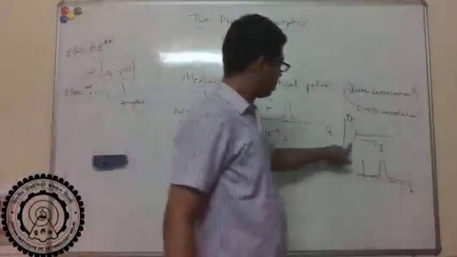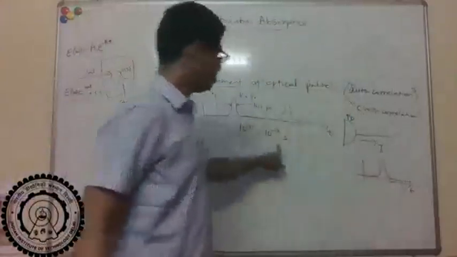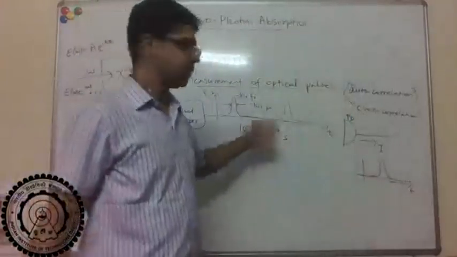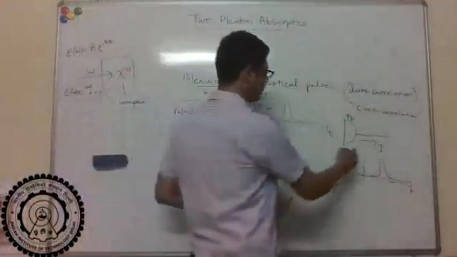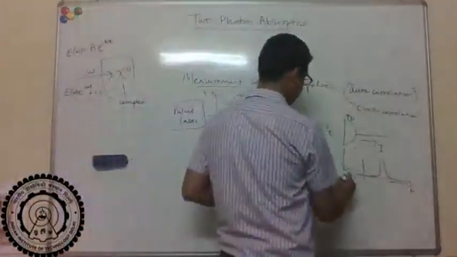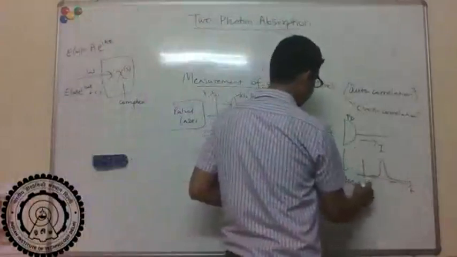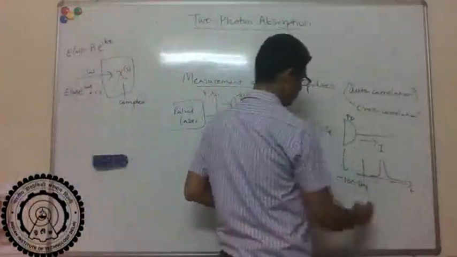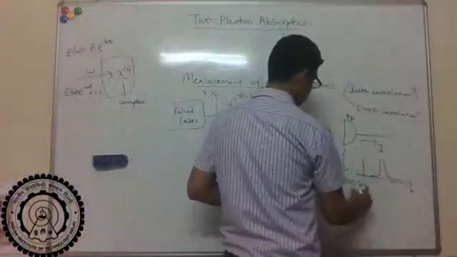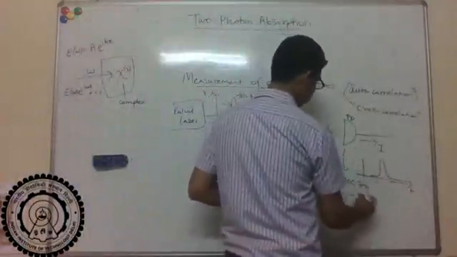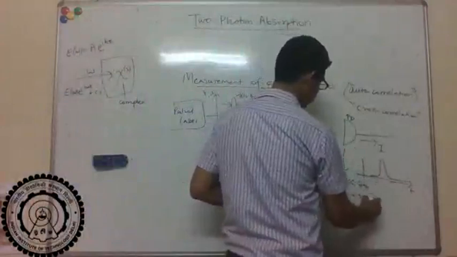But for that, your photodetector needs to respond at these time scales, which is not possible. The fastest photodetectors you can typically get are in the tens of gigahertz, or maybe 100 gigahertz bandwidth. That corresponds to about tens to 100 picoseconds.